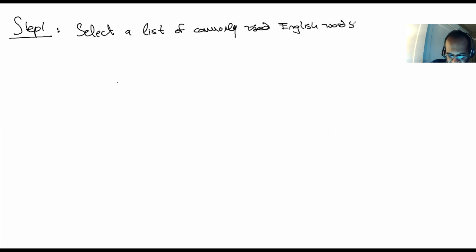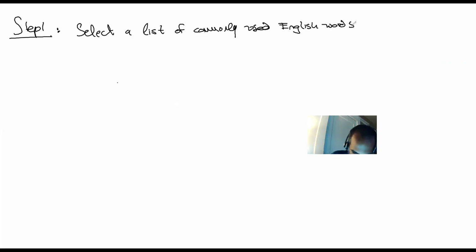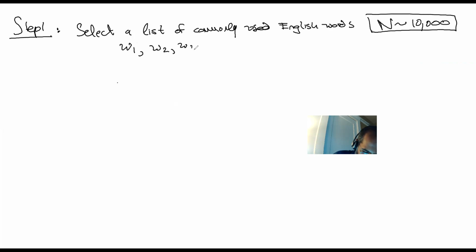So how big should this list be? Well, the English language has a lot of words. I guess they say to be fluent, you need to know about 10,000 words. So let's choose about 10,000 words, and let's call this list W1, W2, W3, all the way up to W capital N. So this is just literally a list of English words.